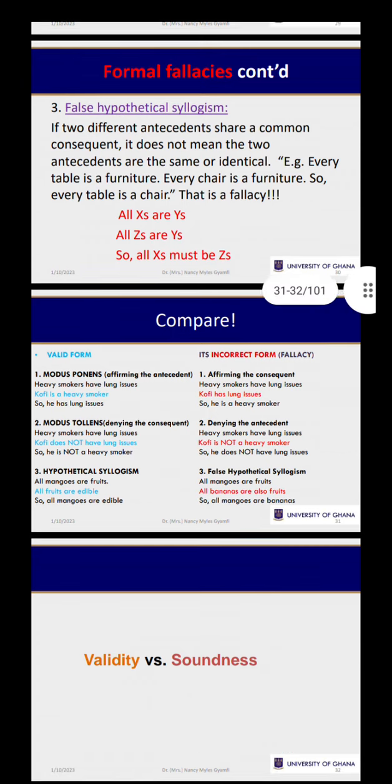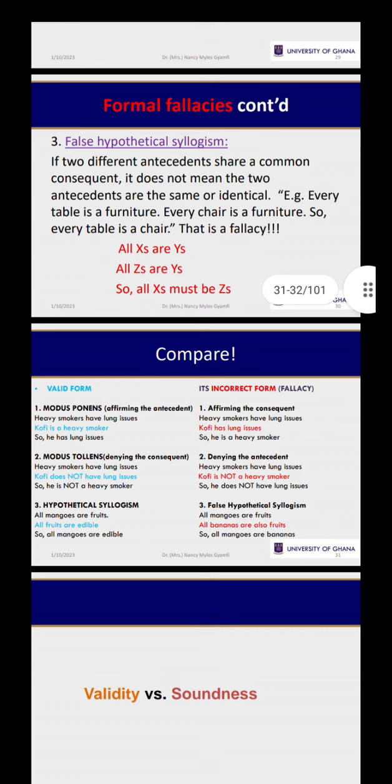It's a fallacy whenever two different antecedents share the same consequence. And remember that the consequence is the furniture, and the furniture appeared twice in it. Every table is a furniture, and every chair is a furniture. You get it?